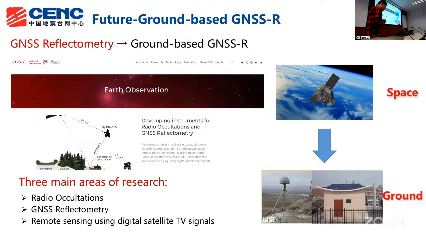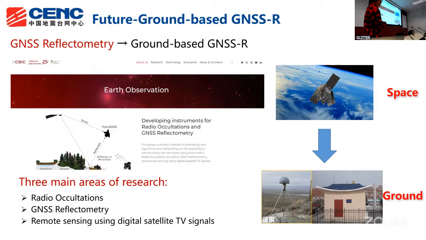So after my primary research, now I'm here as a visitor at the Institute of Space Science. So I have some ideas of what I am supposed to do here. So first, I worked at the Earth observation group.